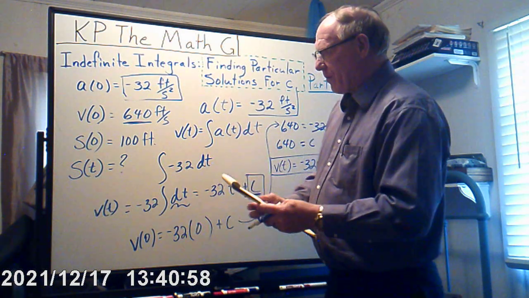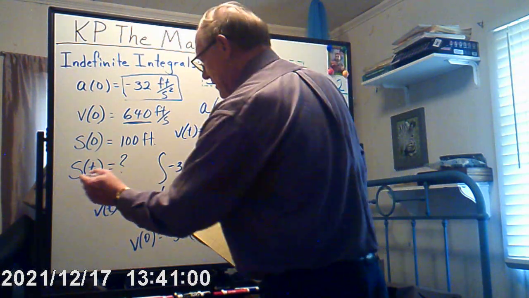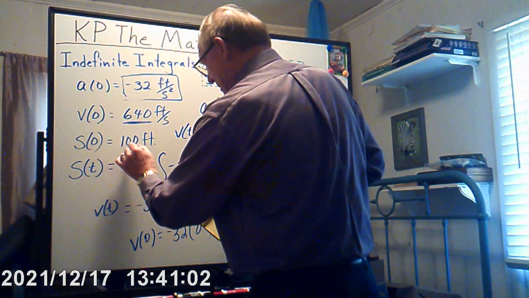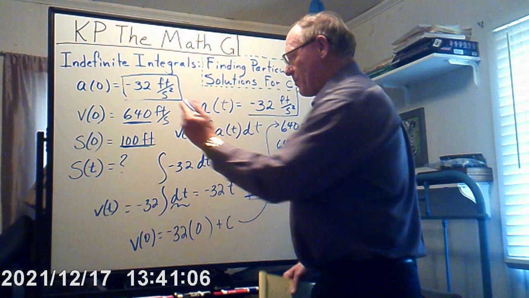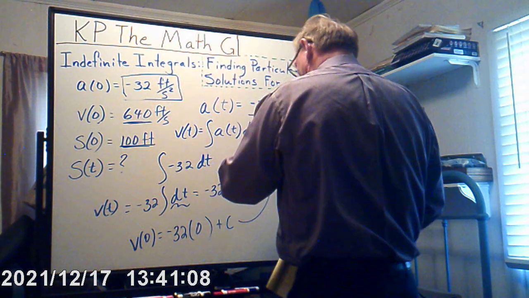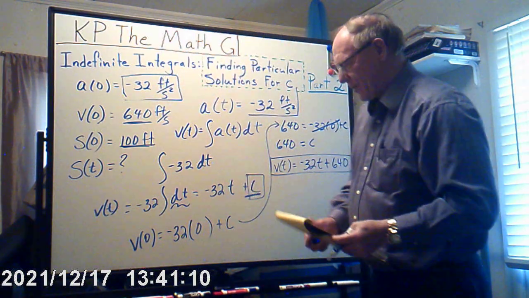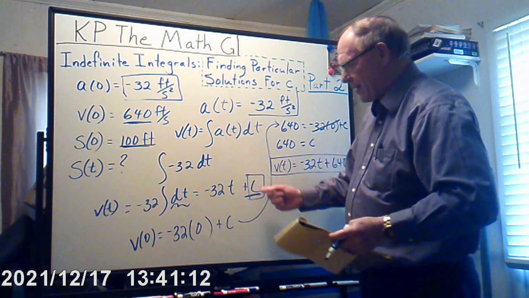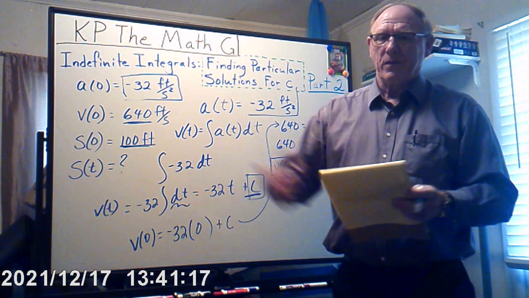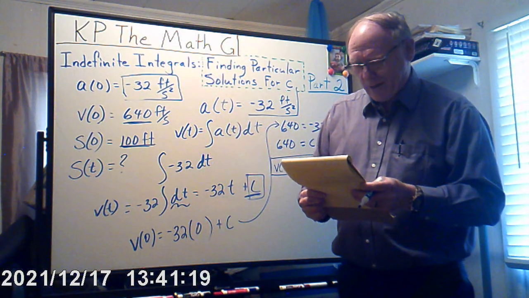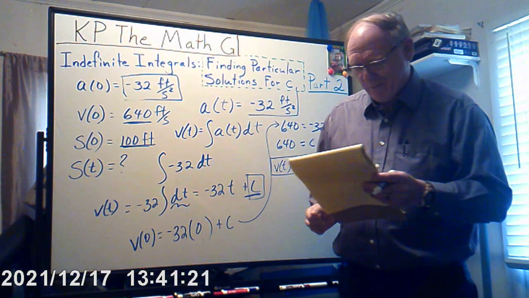Alright, and so what happens is that something is being projected from a height of 100 feet. It's projected up and so on like this. So what we're looking for is the position equation. We're finally wanting to get down to this. I should have had it written out, but I didn't take time to do that.